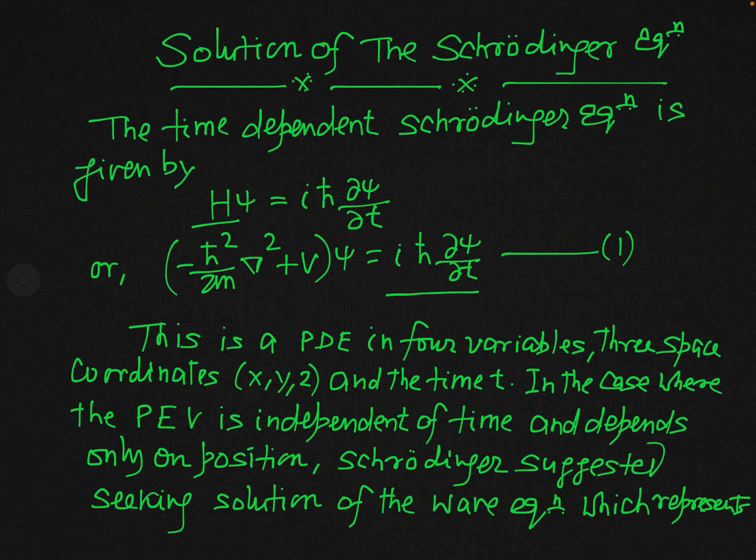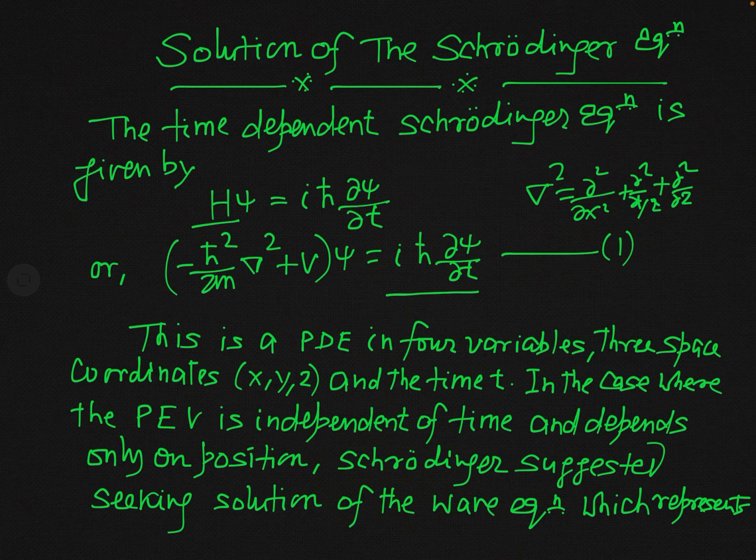As you can see, this is a partial differential equation of second order, and it actually contains four variables, because in Cartesian coordinates this del square operator, which is the Laplacian, is in fact del 2 by del x square plus del 2 by del y square plus del 2 by del z square.